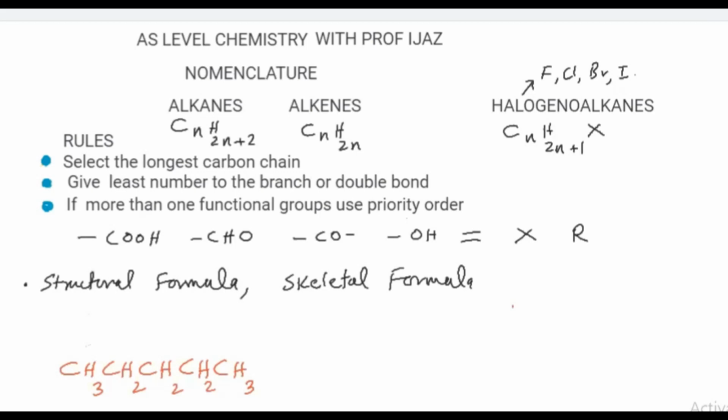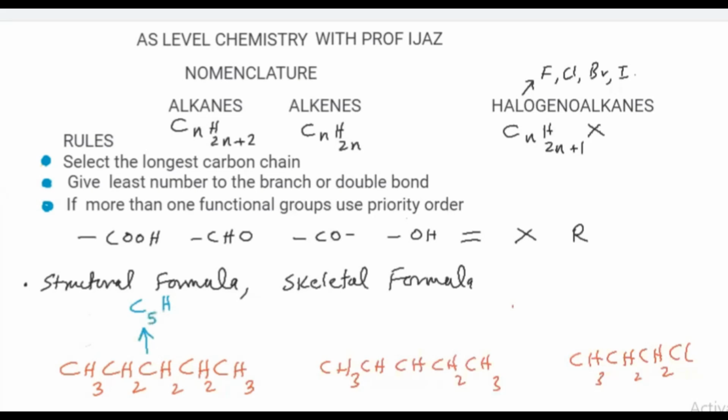Now, organic compounds like alkane, alkene, and halogenoalkanes can be represented in the form of structural formula and skeletal formula. So this is the structural formula of an organic compound. As you can see, if you want to identify this compound from the rest of the compounds, like if you have this type of compound or this type of compound, now you can see the molecular formula of this organic compound: 1, 2, 3, 4, 5.